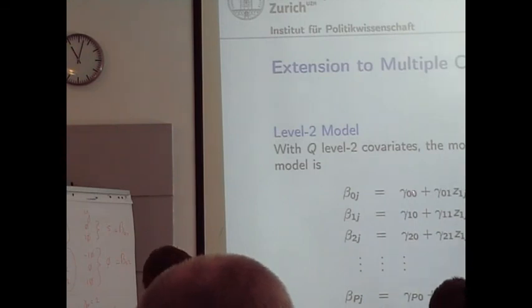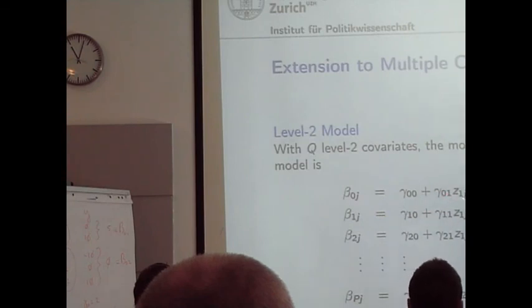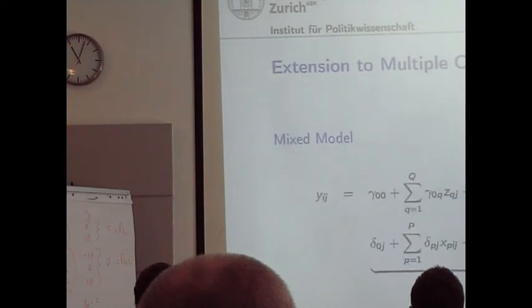The second subscript can go from 0 to q. 0 is always picking up the intercept, versus the constant. And beyond that, the second index on the gammas just refers to the number of the level 2 predictors. So gamma 0,0 for the constant, gamma 0,1 for the effect of the first predictor on the first random coefficient 0. That's how it works.